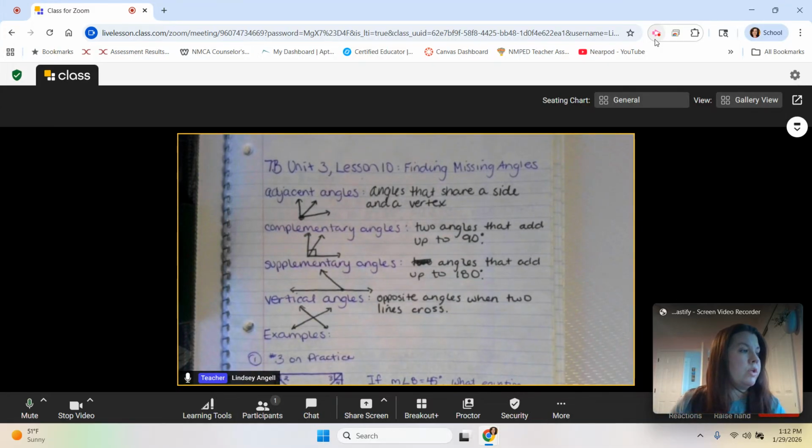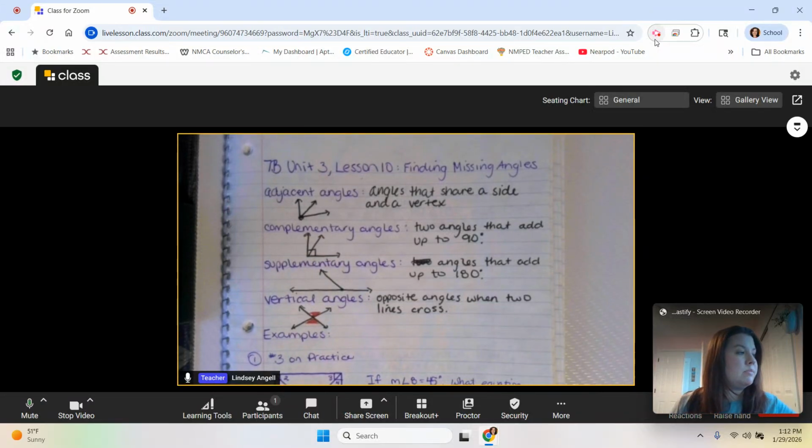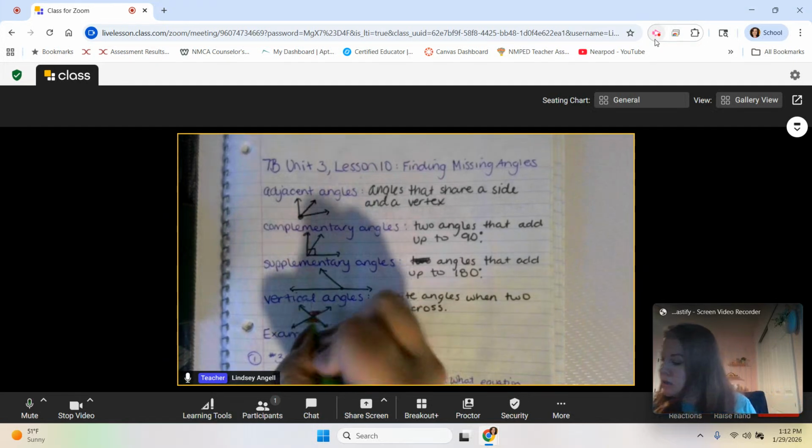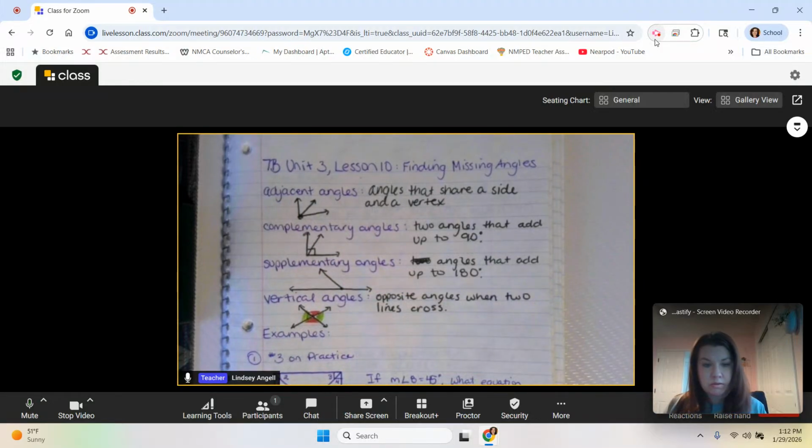So the vertical angles in this picture, let me get some colors in there. This would be a vertical angle with this angle. Okay, the same is true for the other ones, right? This one right here is a vertical angle with that one. Okay, so the two angles that are across from each other when those lines cross.